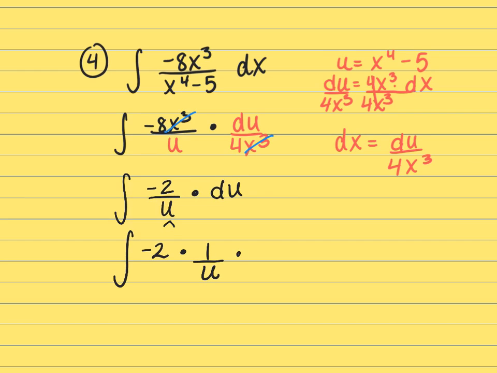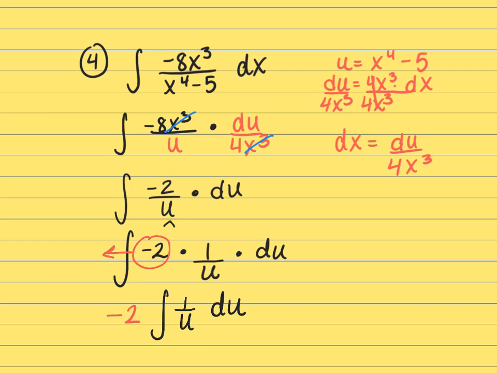And when you integrate it like this, you can see how they're kind of like 2 separate pieces. And this piece right here, the 1 over u, is your ln. And this negative 2 is just a constant that gets multiplied at the end. So you can even see me take this negative 2 and pull it on the outside. So negative 2 times the integral of 1 over u du.